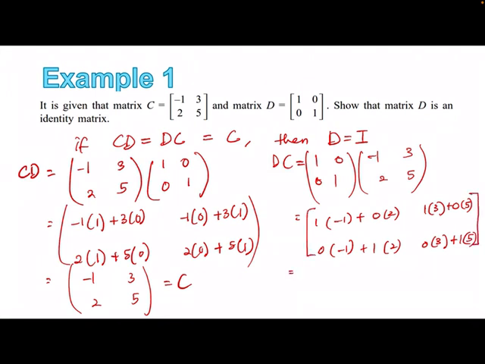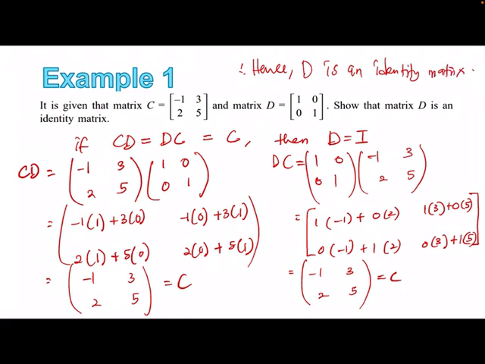So we got [-1, 3; 2, 5]. Is this matrix C? Yes. Hence, D is an identity matrix. We use the definition.